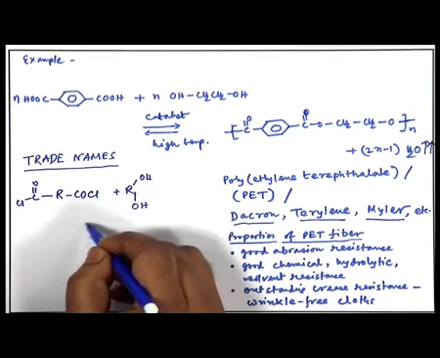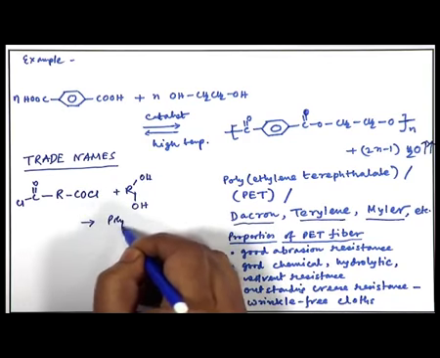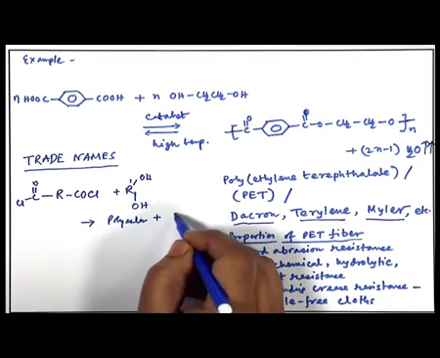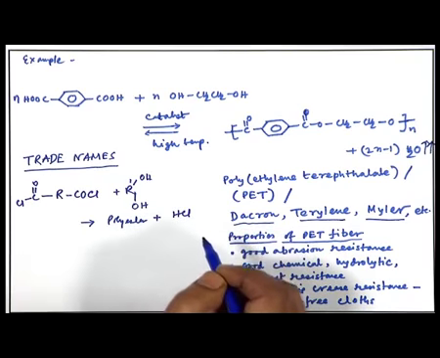In this case, you will get polyester plus HCl as a byproduct.